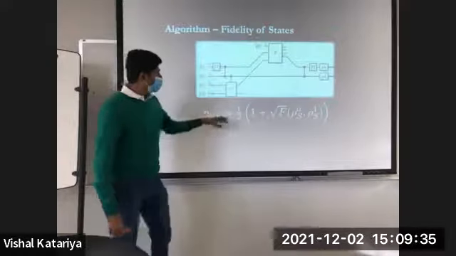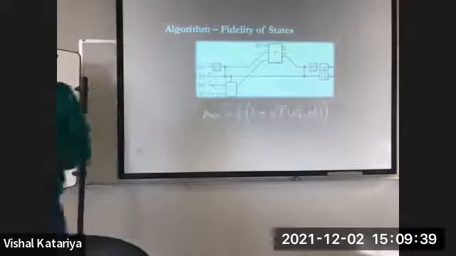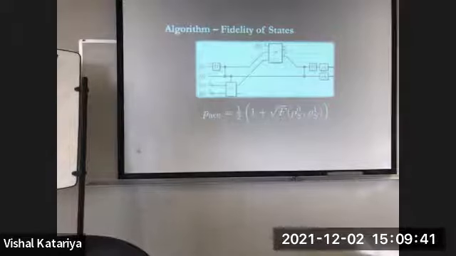And once you can calculate that, you can do some simple algebra and find out the fidelity of the states. So this is one of the algorithms given in the paper. I'm not going to go over the other algorithms because I want to talk about channel fidelity and trace distance and other interesting things. But there are about 3 or 4 more algorithms cast in the form of interactive proofs in the paper.